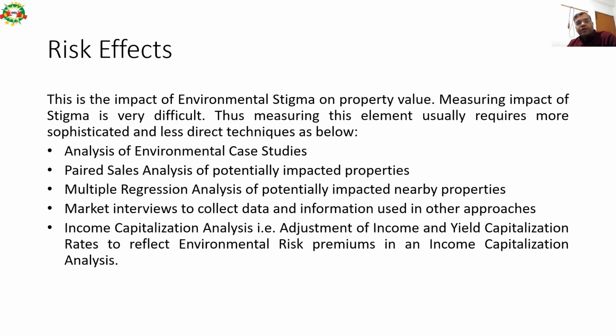Third type of costs associated with the contaminated property falls under the category of risk effects. This is the impact of environmental stigma on property value. Measuring the impact of stigma is very difficult. Thus measuring this element usually requires more sophisticated and less direct techniques as below. Analysis of environmental case studies could help us in calculating the risk effects. Then paired sales analysis of potentially impacted properties, that is, comparison of sales of similar potentially impacted properties.